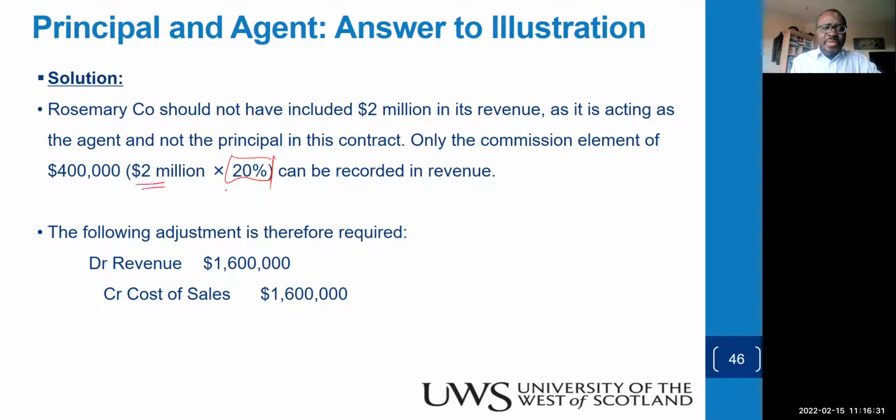That's a fee, a commission that he's entitled to. So he's supposed to get 400, but he's recognized the whole 2 million. So reverse it from your revenue. Revenue would have been credited with the 2 million. Reverse it with the 1.6 and reverse your cost of sales, which you've increased by 1.6. That's it, and you are done.